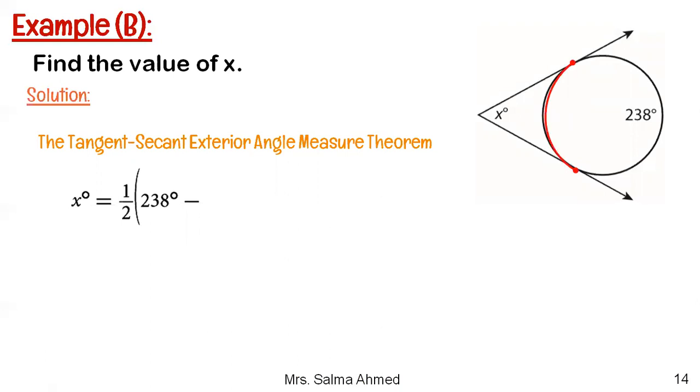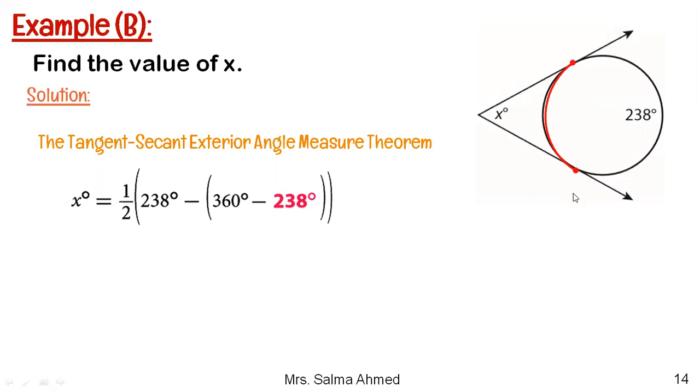So how can I get it? I don't have a number for it, so I can get it from 360, which is the full circle, minus the major arc, which is 238. So it will be 360 minus 238 to get this part in red.